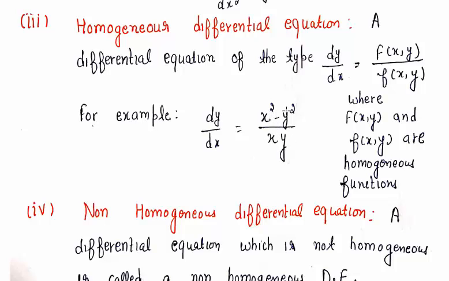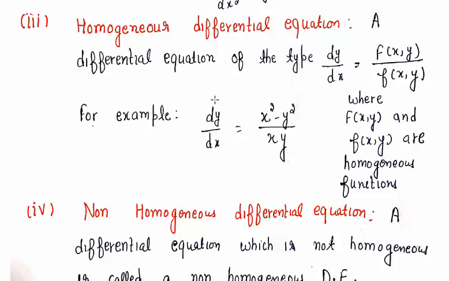The degree of capital F of xy is 2 and the degree of small f of xy is again 2. Power is 2, x power 1, y raised to power 1, the whole power is 2. So the numerator function and denominator function both are homogeneous, so this is a homogeneous differential equation.